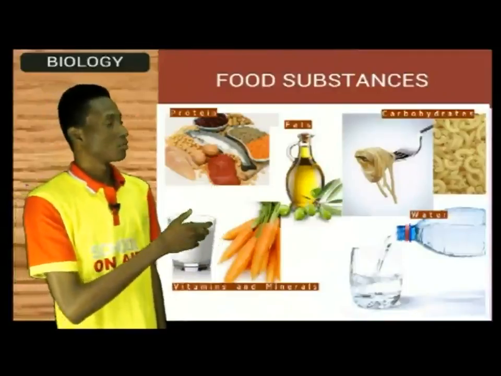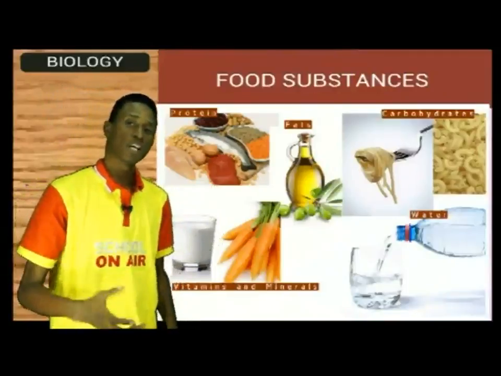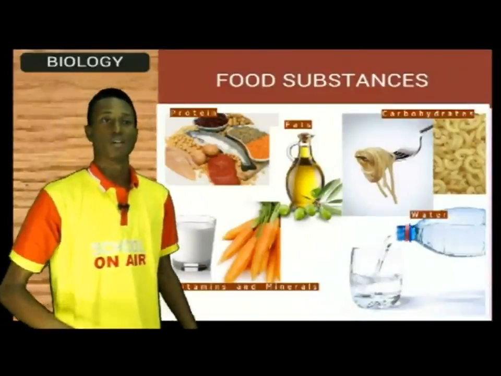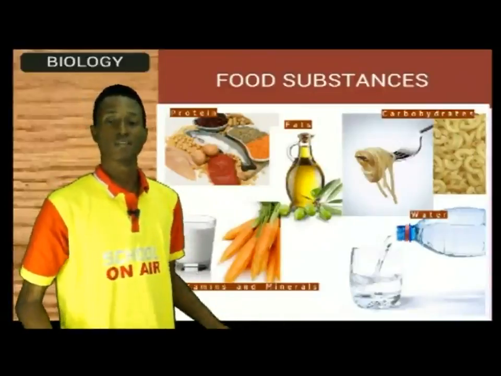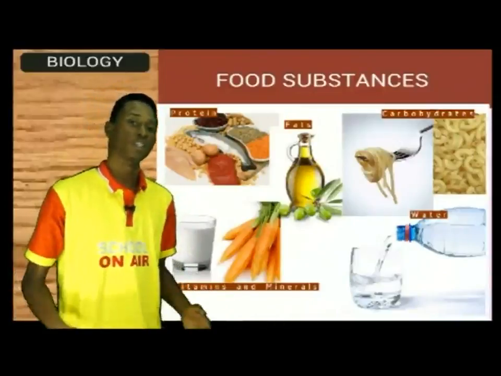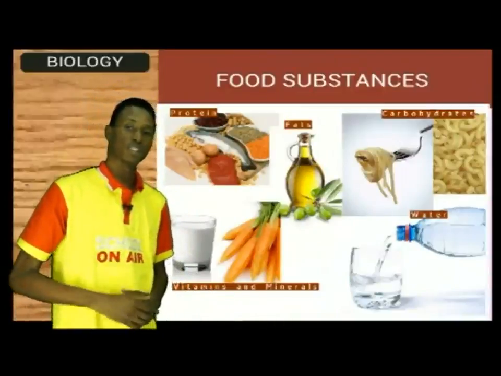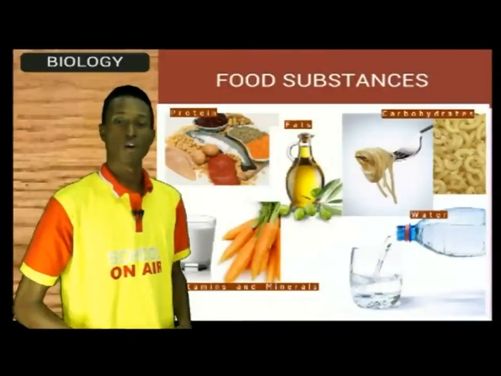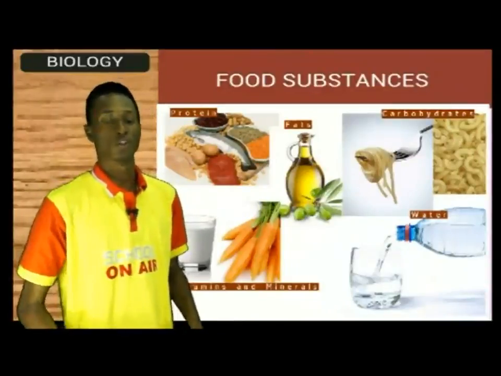But we should know that water is contained in most of the foods that we consume. Beans, bread, rice, fish, fruits all contain water. So most of the time, our water intake also comes from the food that we consume.